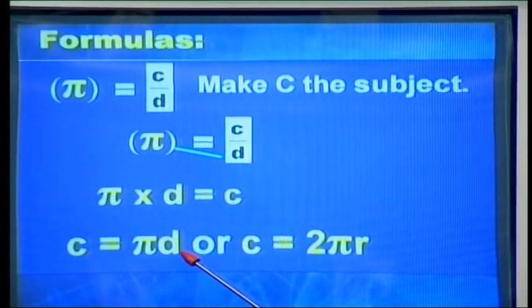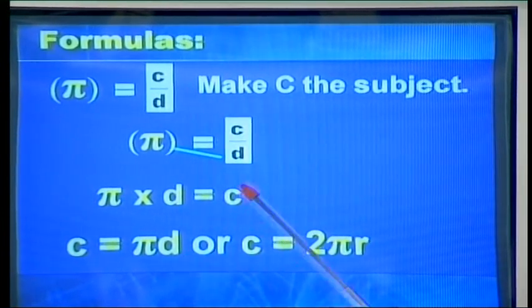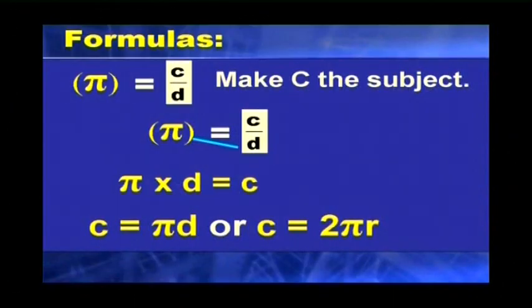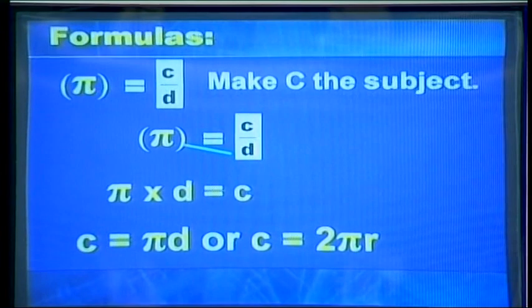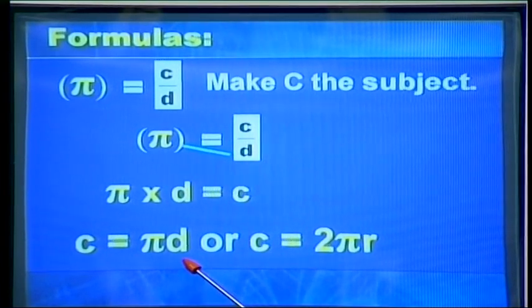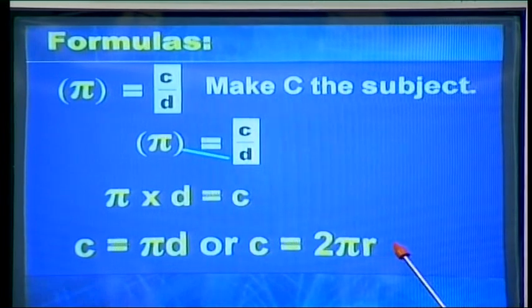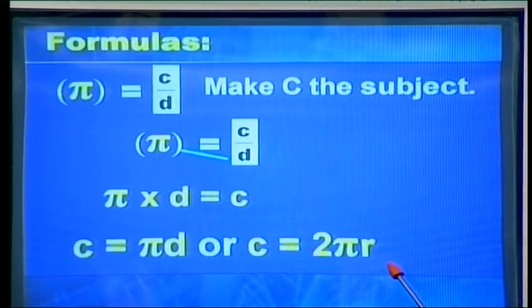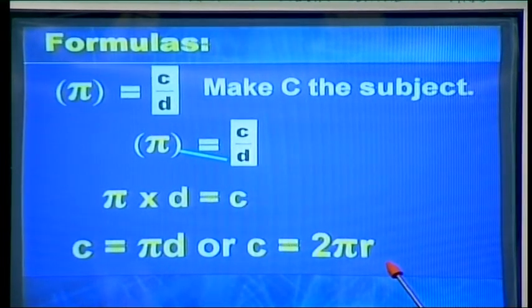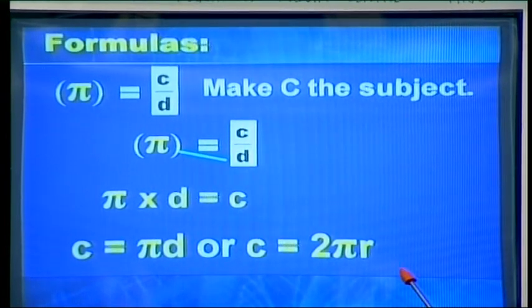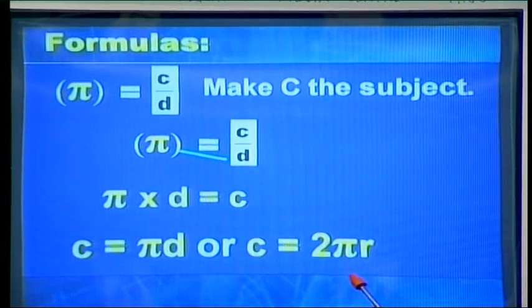If the diameter is given, I hope you still remember where we read the diameter from the circle. It is from one end of the circle to another end. That is the diameter. Circumference equals 2 pi r. R here represents what? Radius. If the radius is given on your circle, you use this formula.